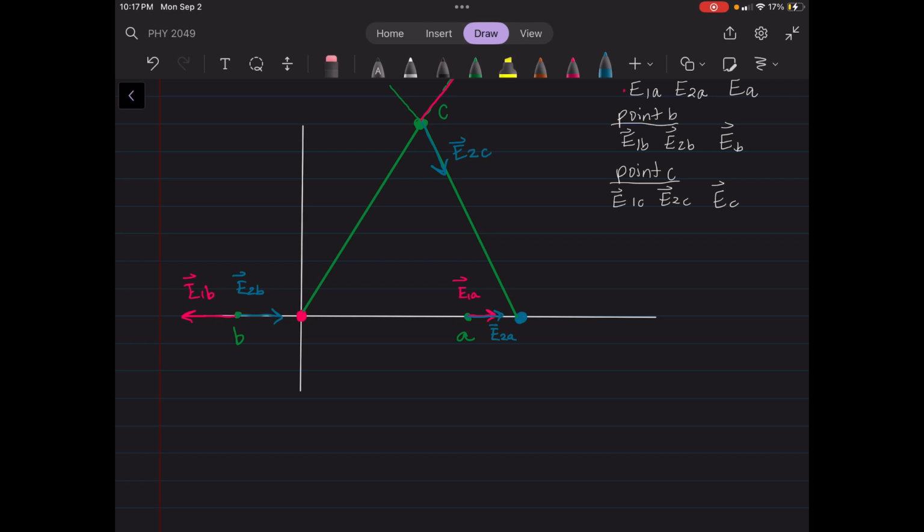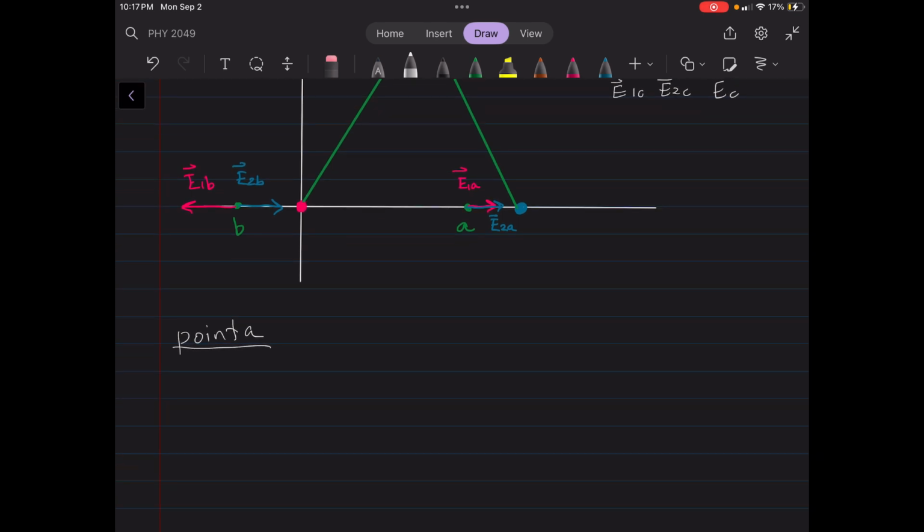All right, let's work on point A first. We're going to be using, of course, the electric field due to a point charge.